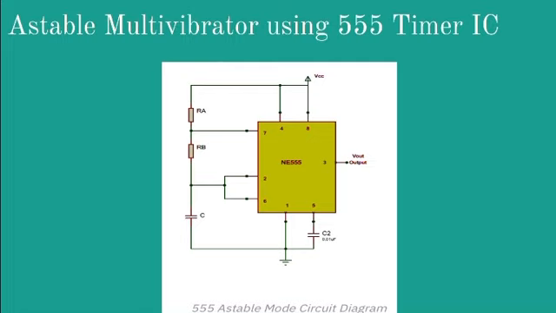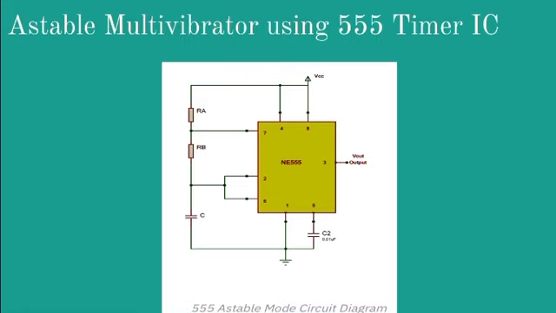Before you make the circuit, make sure that the 555 timer is working. An astable multivibrator can be produced by adding resistors and a capacitor to the basic timer IC, and the timing during which the output is either high or low is determined by the externally connected two resistors and the capacitor.